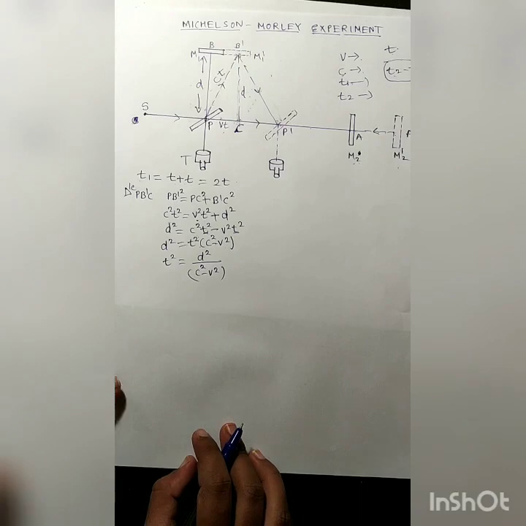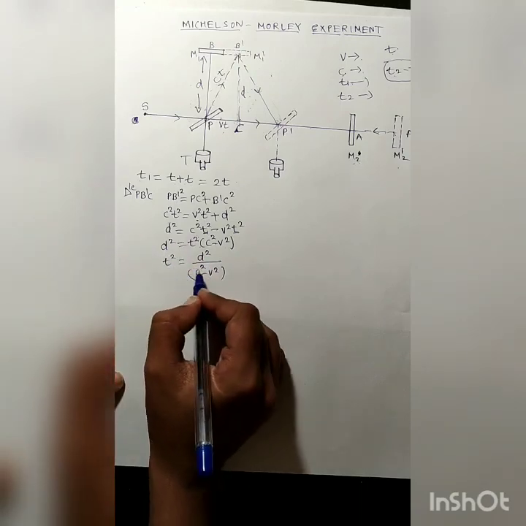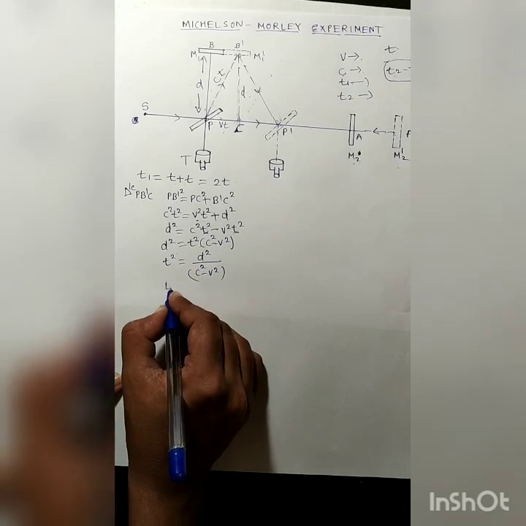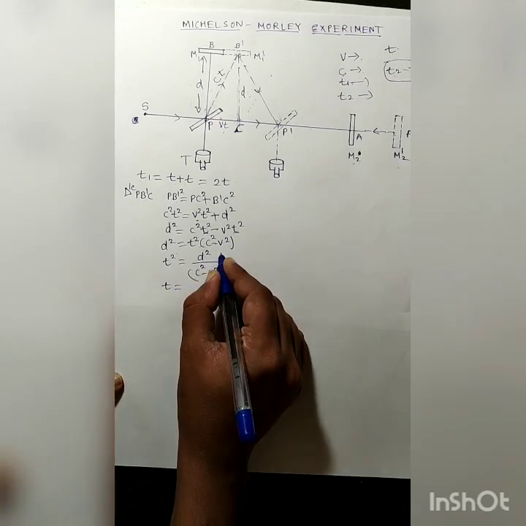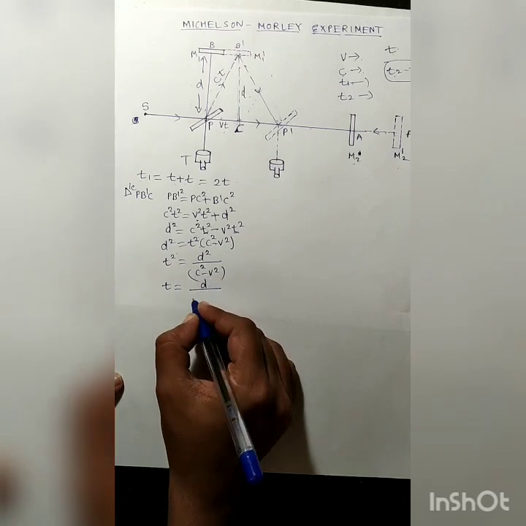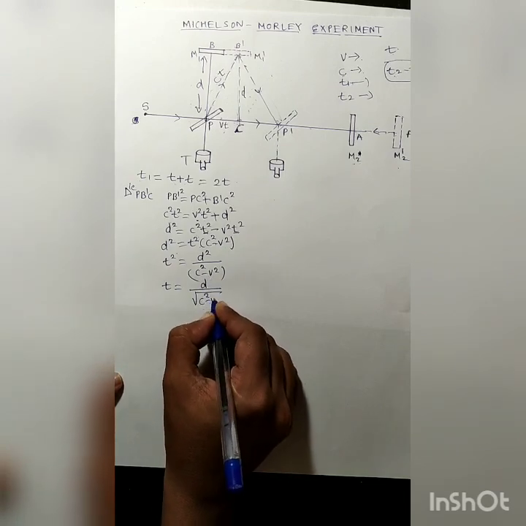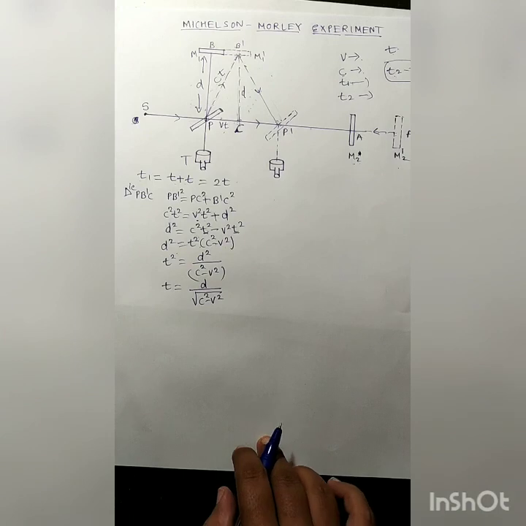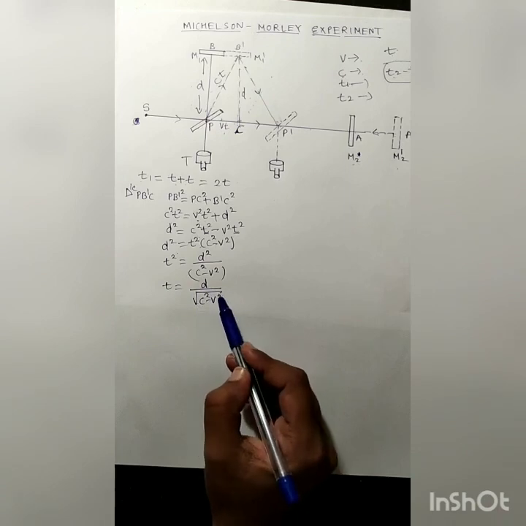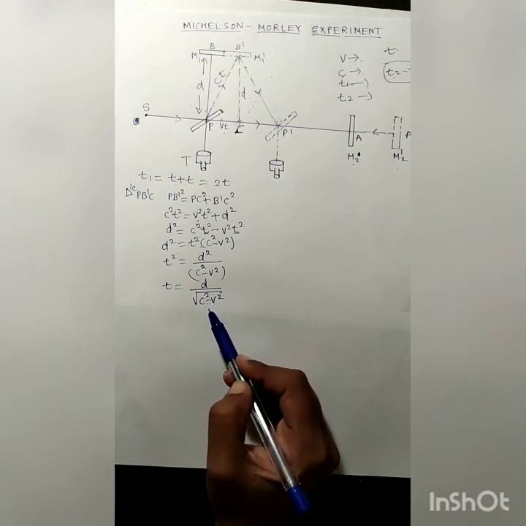Now taking the square root on both sides, the square root of t square becomes t, and the square root of d square is d, divided by the square root of c square minus v square. Just by taking the square root on both sides, we get t is equal to d divided by the square root of c square minus v square.